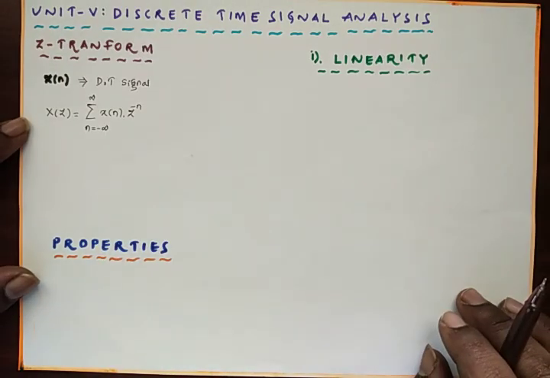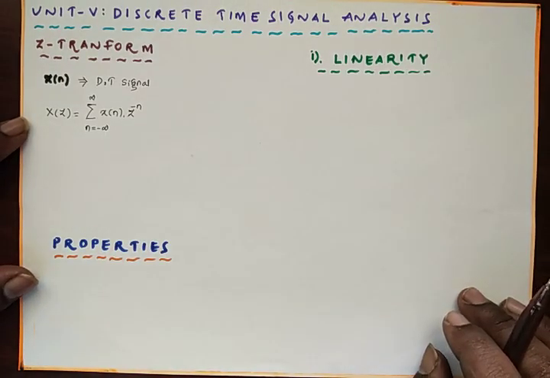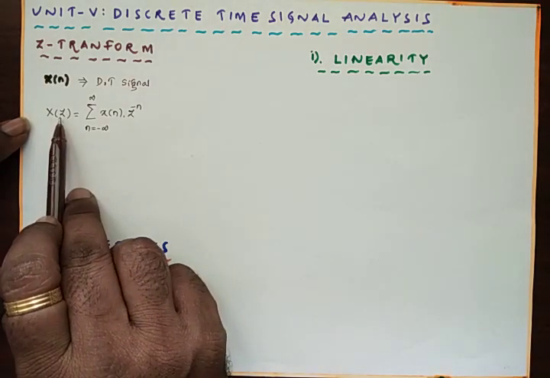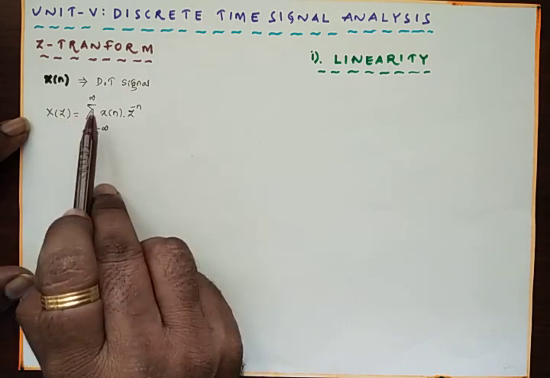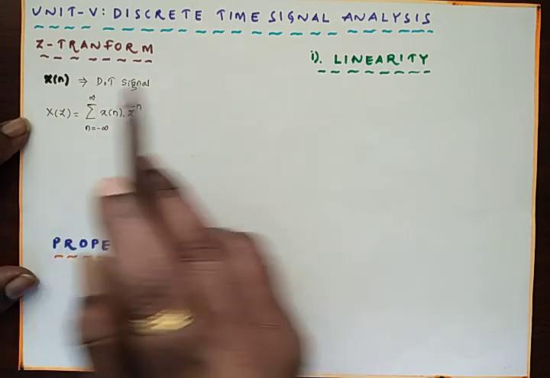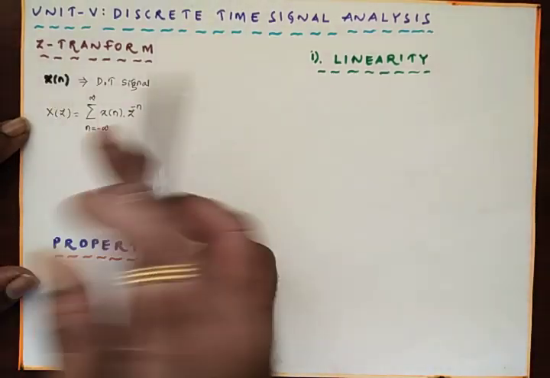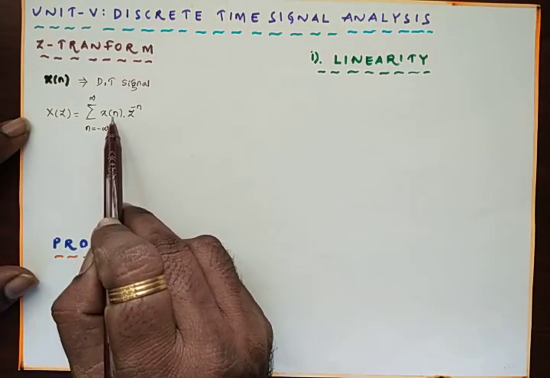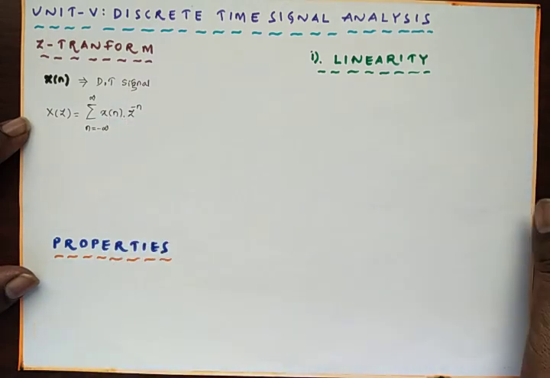As I said, it is the counterpart of the Laplace transform only. If you replace z with s, and replace sigma with the integration, then that is nothing but the Laplace transform. Laplace transform is used to analyze the continuous time signals only.